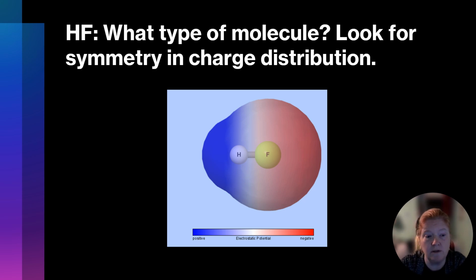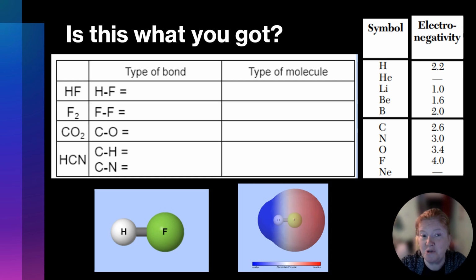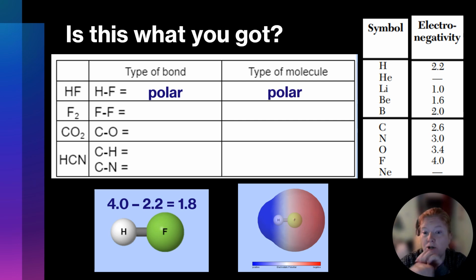Write it in your chart. Let's check and make sure you got it right. That's what you should have gotten, which means it's going to be classified as polar, although leaning a little bit closer to ionic. But I know that hydrogen and fluorine are both nonmetals, so that's another hint. And because I see partial charges, it's going to be polar.